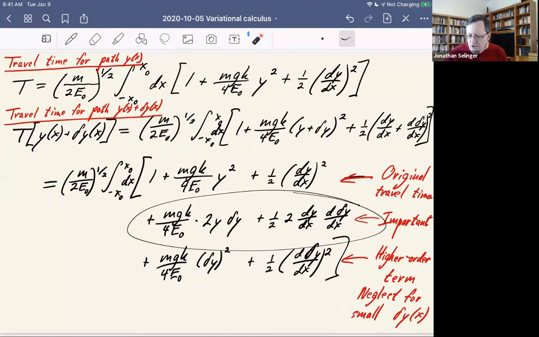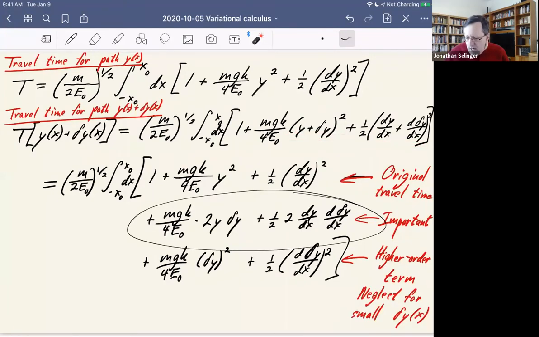And so in place of the function y of x, which goes here and here, we write y of x plus delta y of x. So that makes this expression right there. And then I expanded everything. That is, just multiply out these squares.